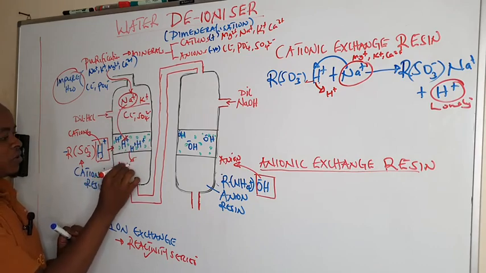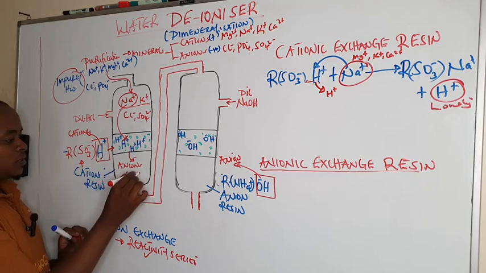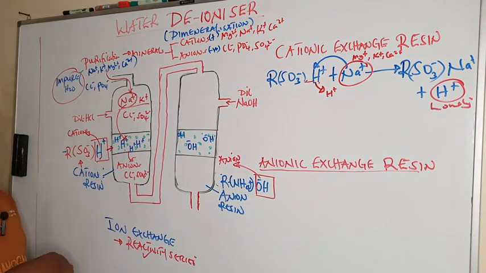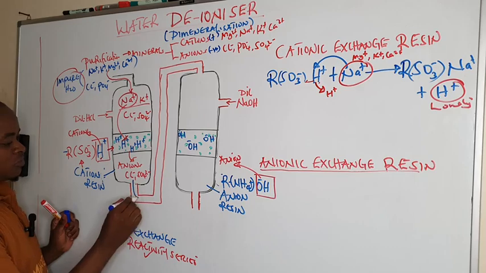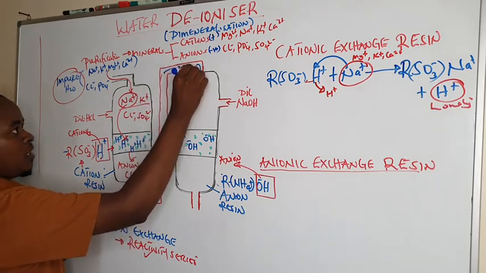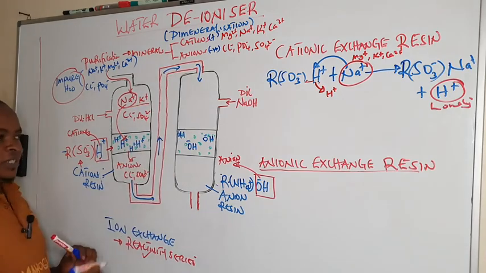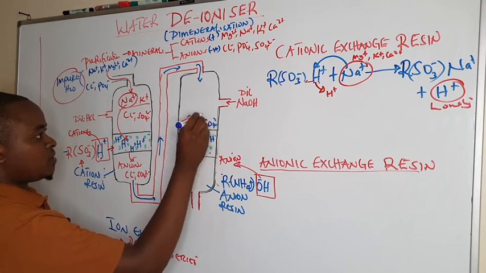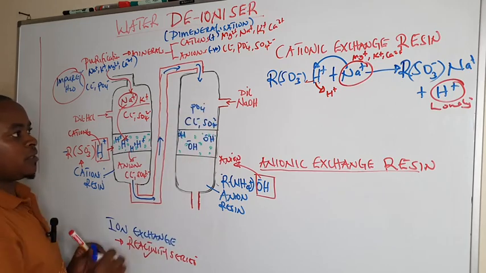Now we are remaining with only anions. That is the chloride, the sulfate, and the phosphate. They are the only ones remaining. They continue moving with water and they enter into what we call the anionic resin.